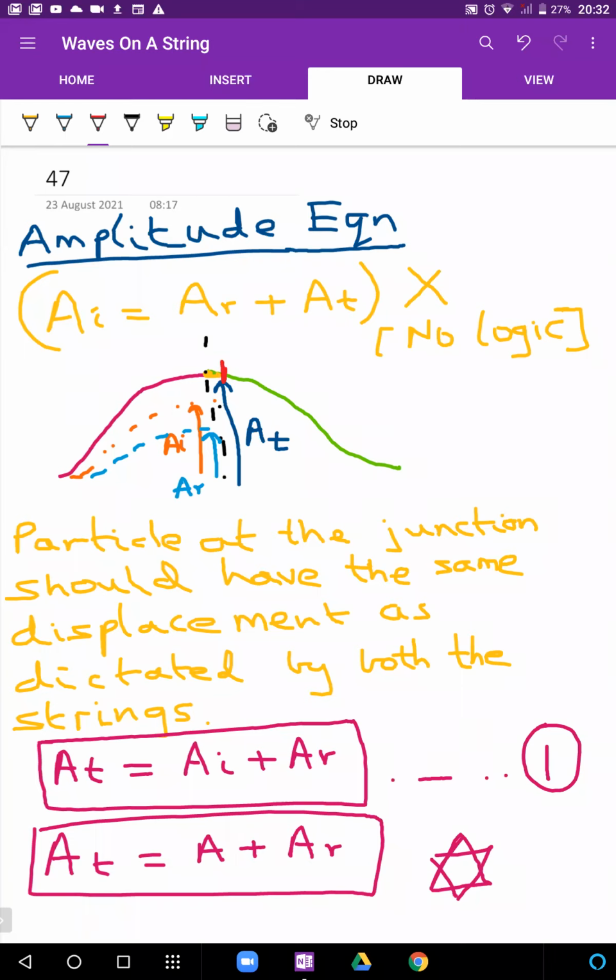The particle just to the left of it has a displacement of AI plus AR as dictated by the resultant amplitude on the left hand side, which is a combination of the incident and the reflected pulse. And both these displacements should be the same. That's the only way the green end and the red end can be in contact. The green end का AT है, red end का AI plus AR है. That's why AT is AI plus AR. Got it?